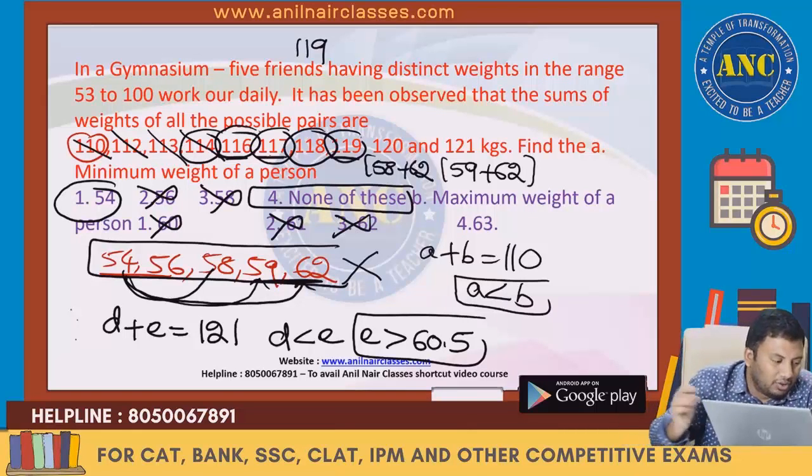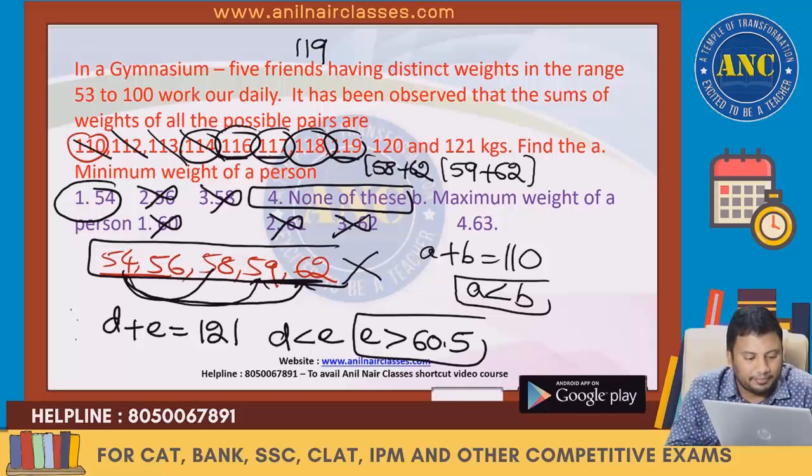Please tell me how you will get 119. So 114, 116, people are saying that 54 plus 62 is right. 118 is 56 plus 62. Can somebody tell me where the 119 case will come?